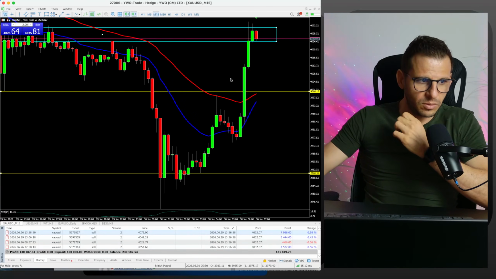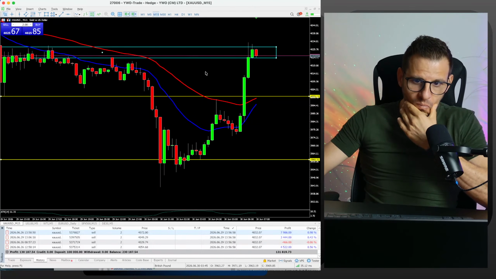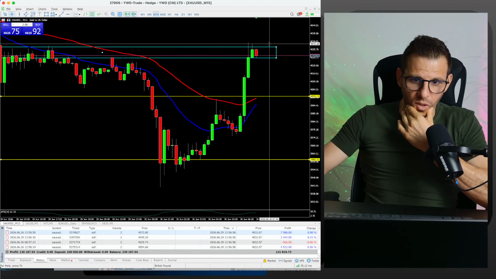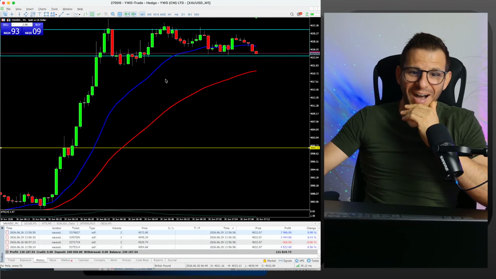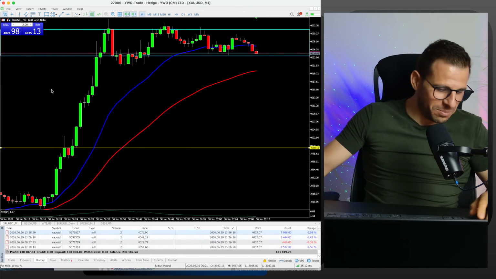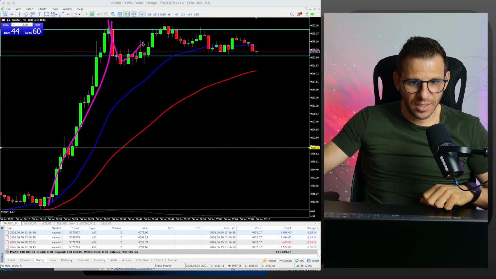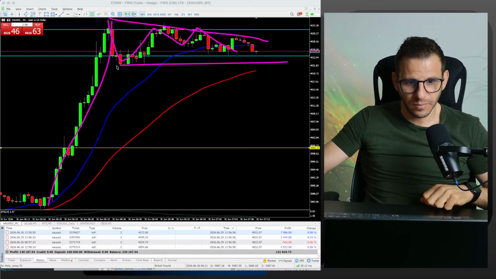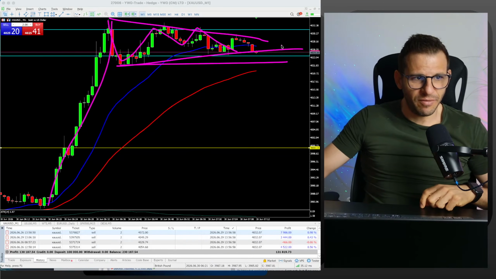Gold. Gold inside 1 minute. Look at this. That's a classic pattern. Price breaks to the upside. After that break, consolidation. Consolidation here is fairly bullish.